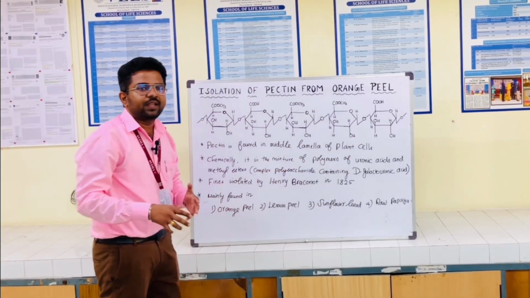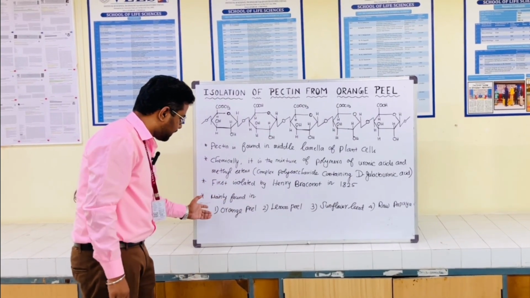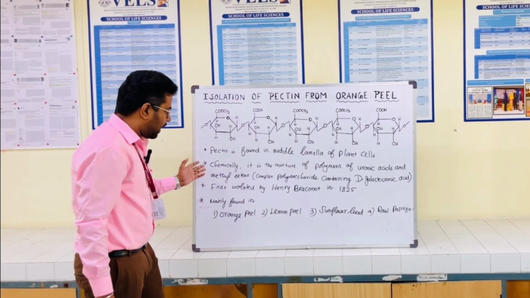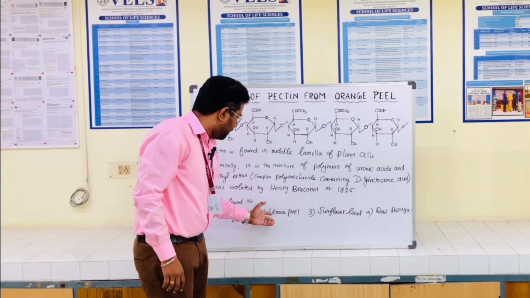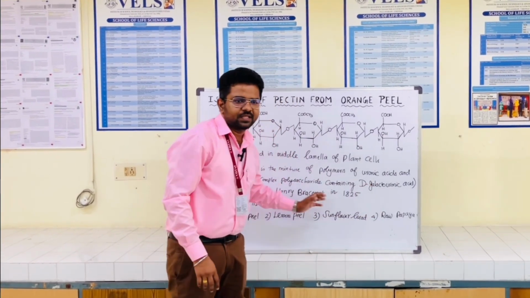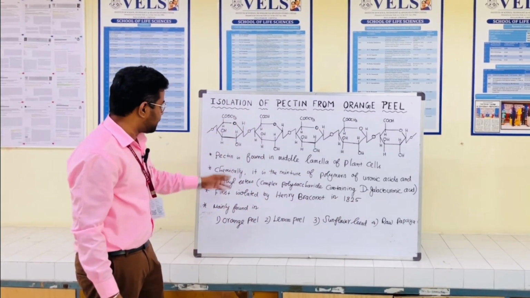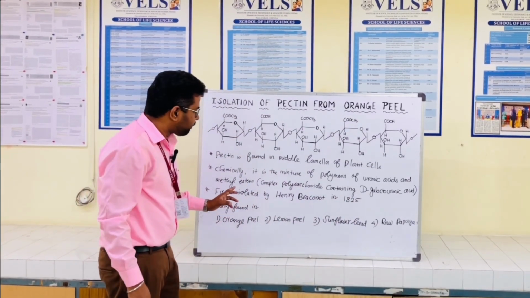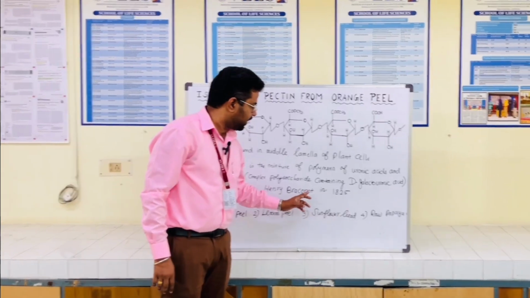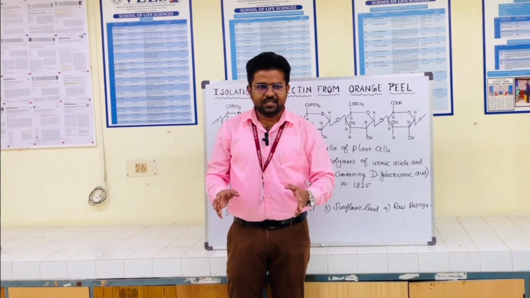You can isolate it from orange peel, lemon peel, sunflower head and raw papaya. This molecule was first isolated by Henry Braconnot in 1825. With this basic introduction, let us start the practical.